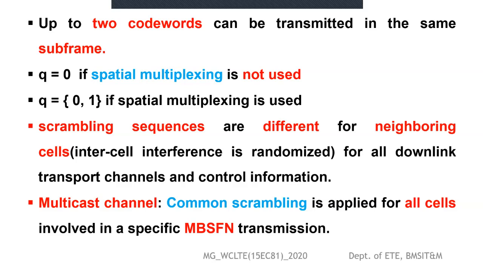Usually the multicast channel is used for MBSFN transmission, and I said MBSFN is a multicast broadcast single frequency network. So except for the multicast channel, the rest of the downlink transport channels and control information use a scrambling sequence that is different for neighboring cells.